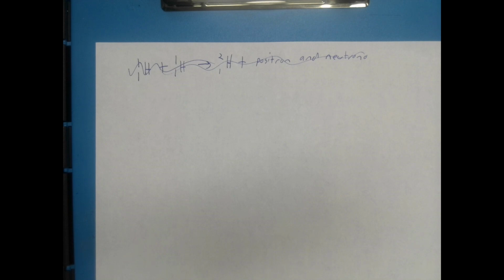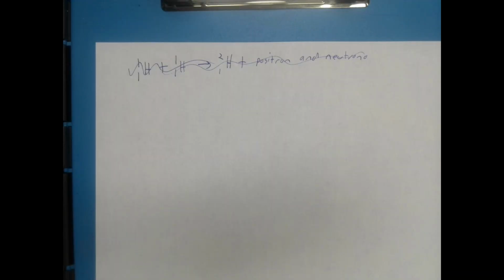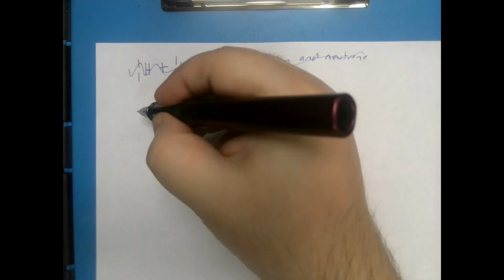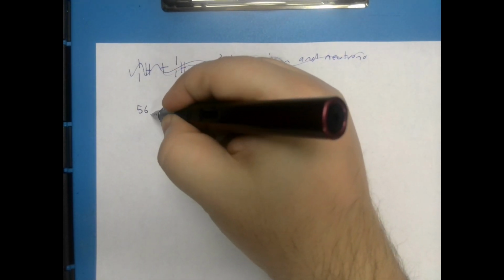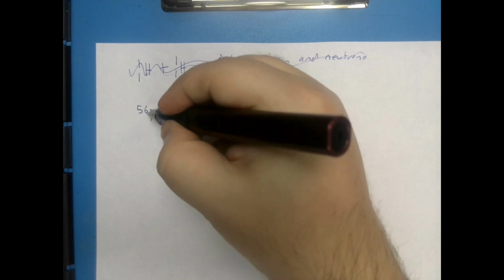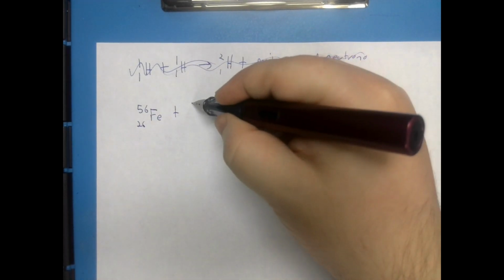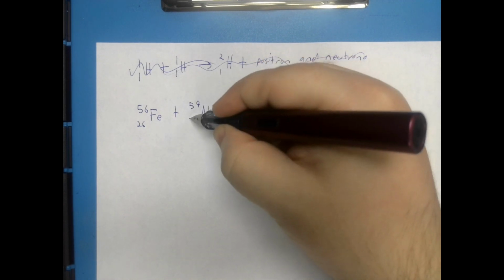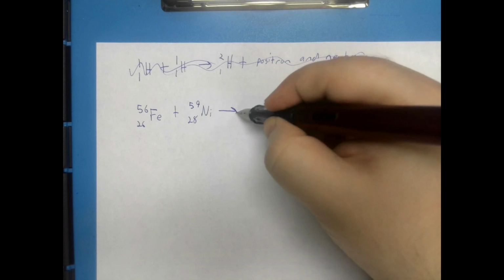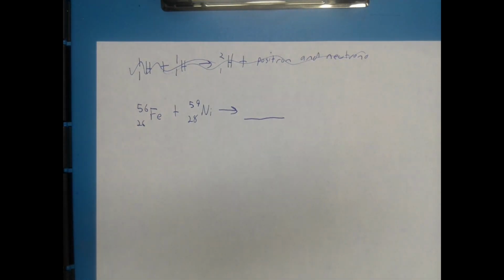Usually I could just make this up in my head, but let's suppose that we had iron 56, and we combine it with nickel, and we get 1 atom later.